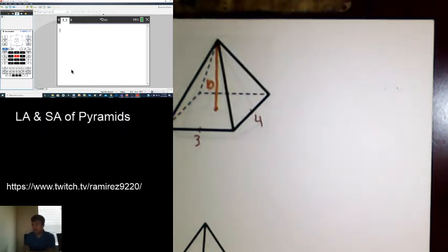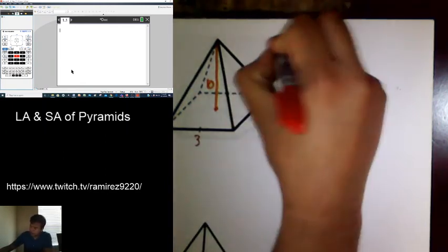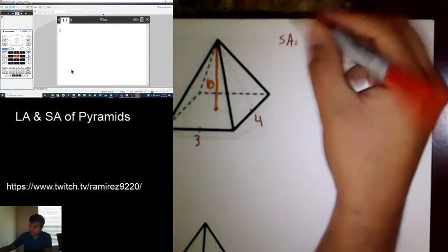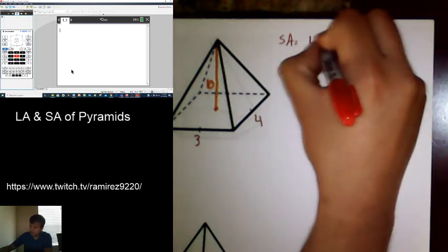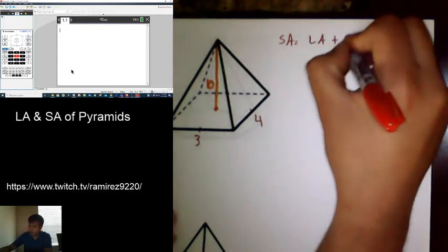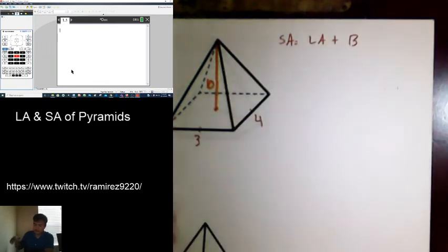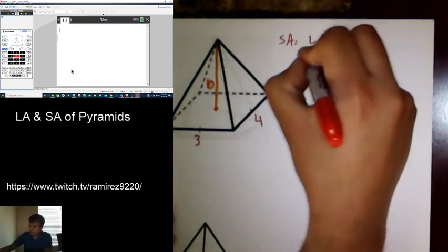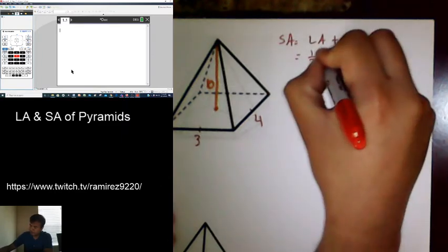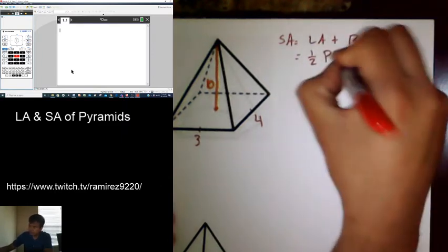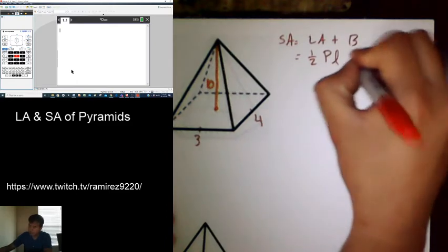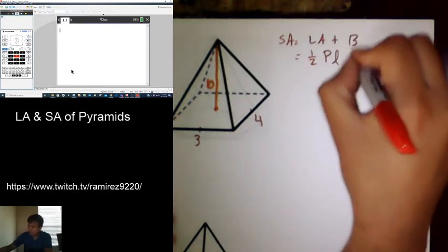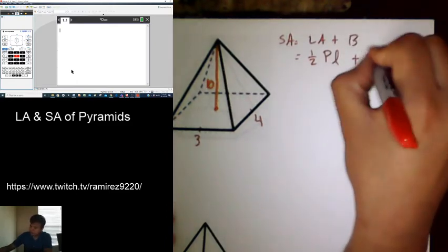And again, you're being asked to find the total surface area. Well, remember that total surface area is your lateral area plus your base. But in a pyramid, our lateral area was 1/2 times the perimeter of the base times my slanted height, and B was just B, right, which is the area of the base.